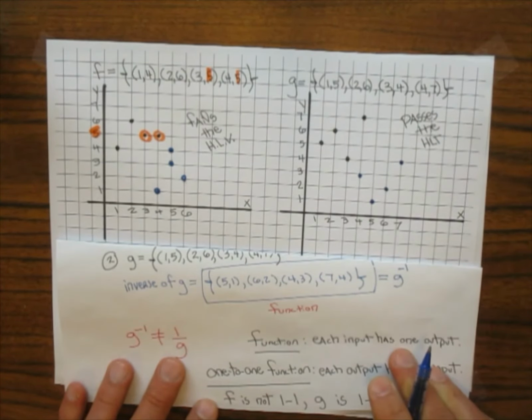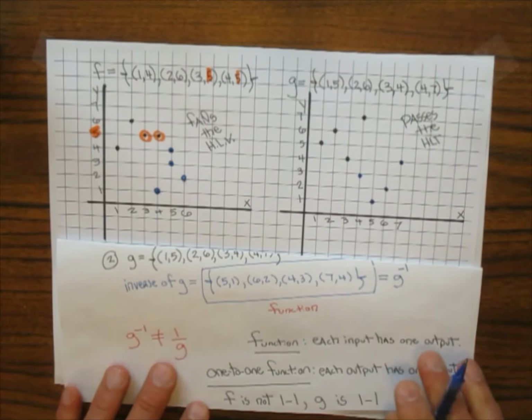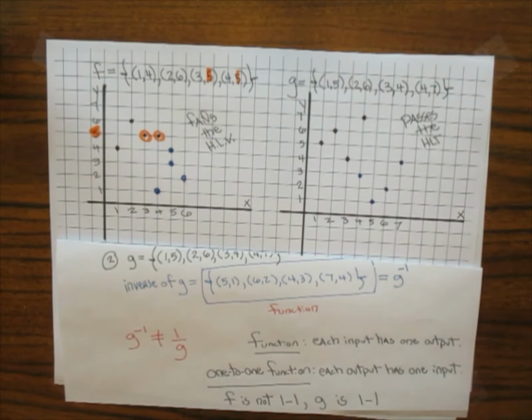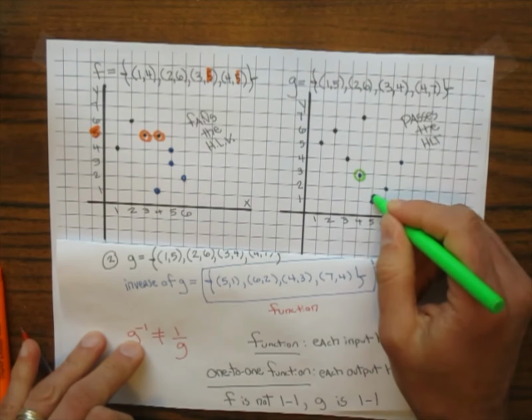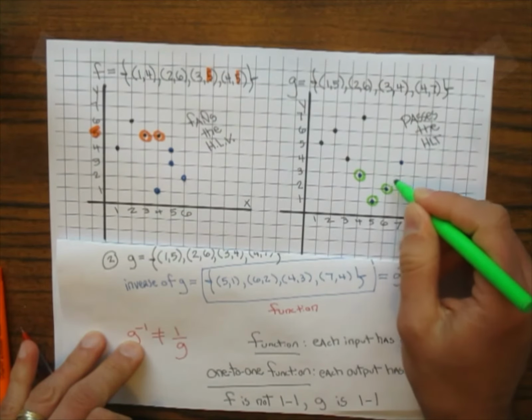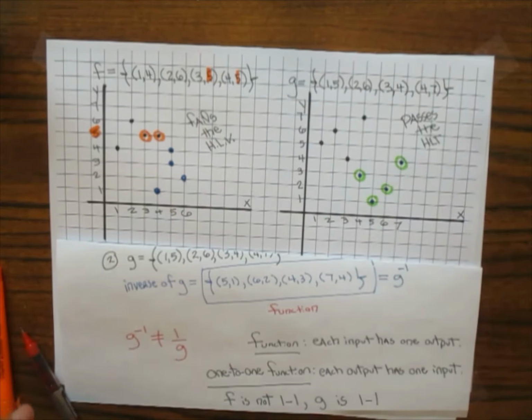And that's what the inverse graph looks like. Okay, notice the inverse graph happens to be, maybe I should highlight these guys in green. They might be hard to see. There's the inverse. The inverse indeed is a function. We called it G inverse.